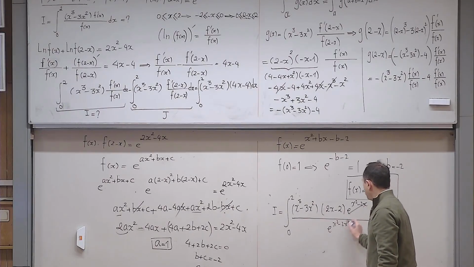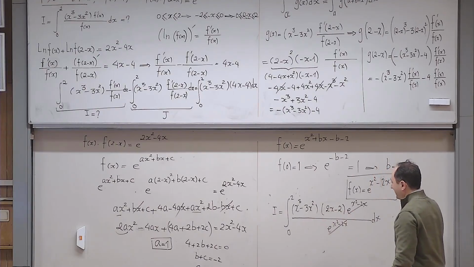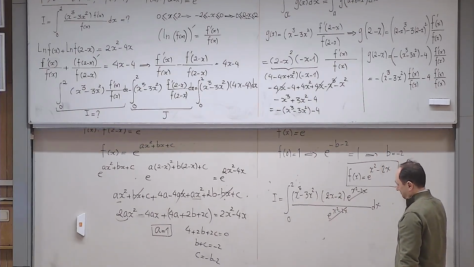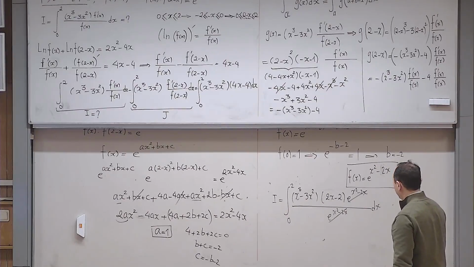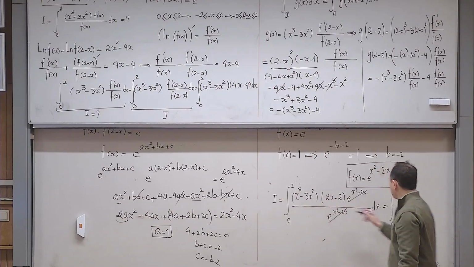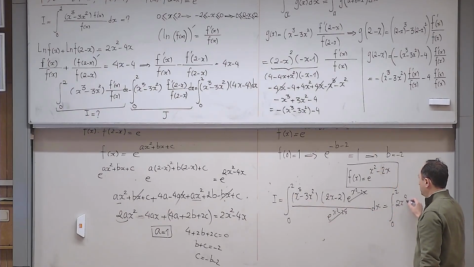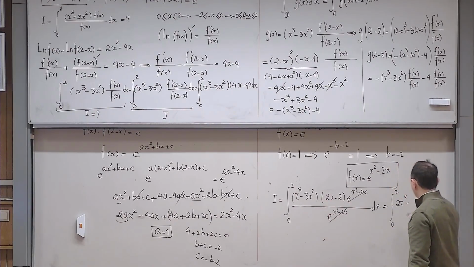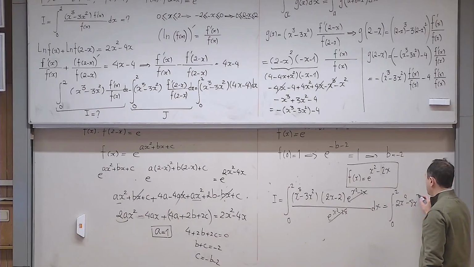And now what happens, this is gone, and I'm getting a very simple integral. So integral from 0 to 2, I multiply that, it becomes 2x to the power of 4 minus 2x cubed and minus 6x cubed, so it is minus 8x cubed, and then plus 6x squared dx.